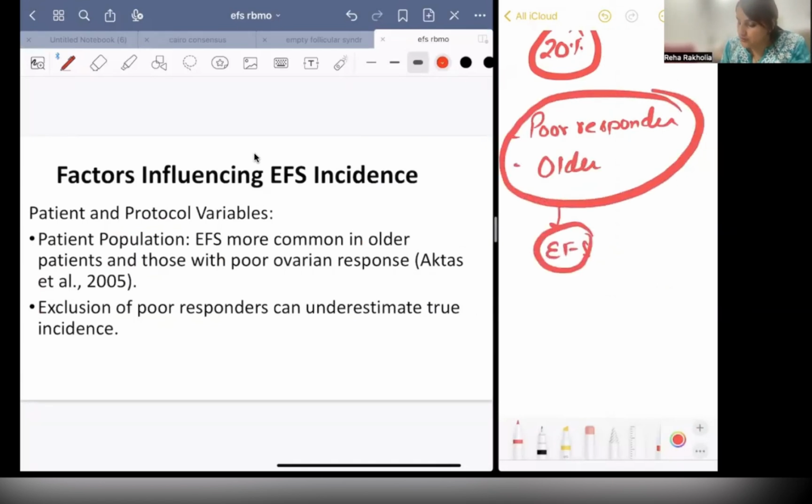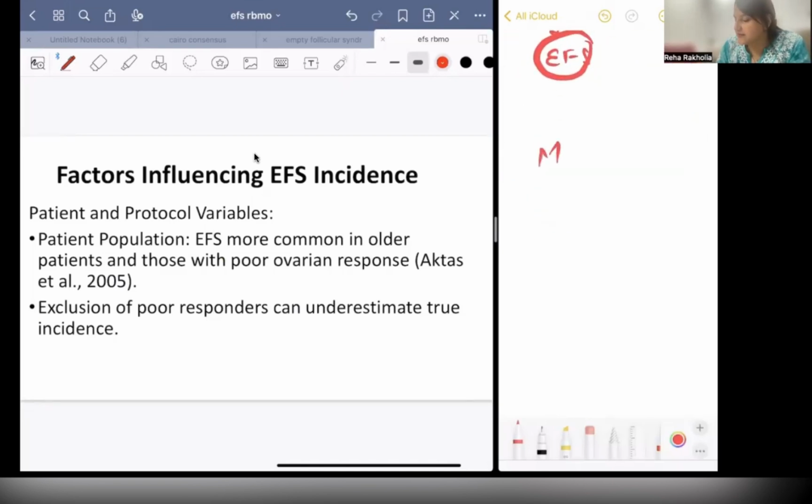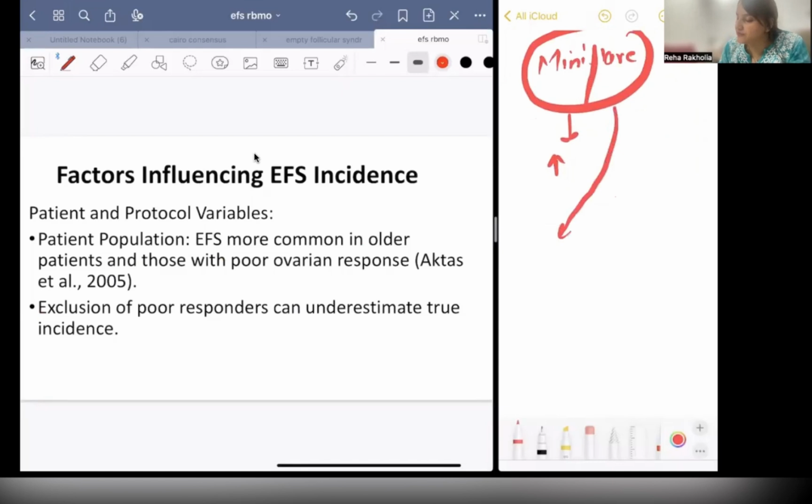Protocols: some protocols like the mini flare protocol are considered to have more incidence of EFS. I think mini flare protocol has more incidence because it is used for older and poor responder patients. So the patient population matters: EFS is more common in older patients and those with poor ovarian reserve.